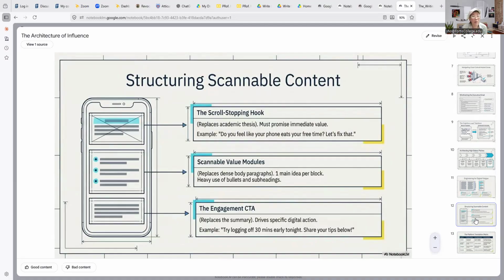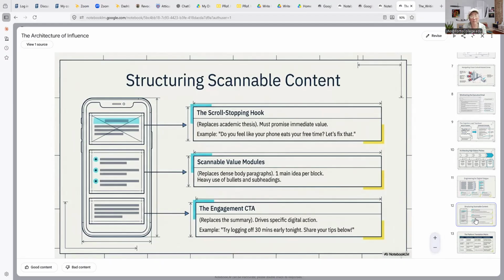When you are going to write your resume, you want to make sure that the resume is scannable. In other words, keep it simple. Stupid. No, just kidding. You just have to keep it simple and follow the structure. For instance, the scroll-stopping hook replaces the very first thing you write. If you're writing a cover letter, in the first sentence, you write a hook about what the problem is.